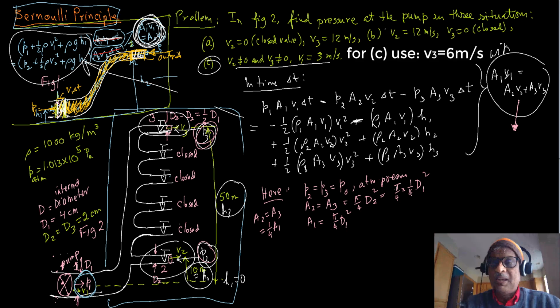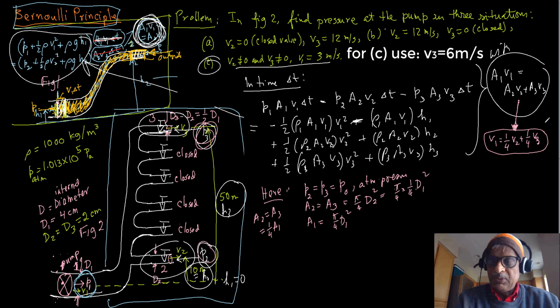So you have A1, so V1 equals A2 over A1, which is 1/4, V2 plus 1/4 V3. Okay, so that's the only simplification, and there's a whole combination of this that will lead to V1, right?